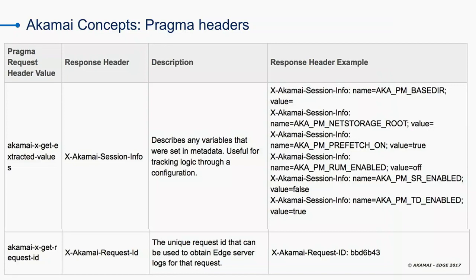Like I said, any sort of manipulations that you are doing onto the Akamai configuration show up here, for example, if you have RUM enabled for real user monitoring, or if you're doing some redirects, or failover logic, all of that is captured here, and you can see whether it's getting triggered or not.